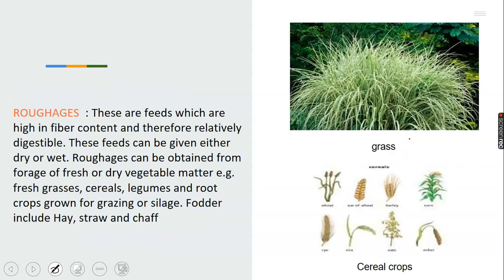Let's look at the meaning of roughages. Roughages are anemone fish which are high in fiber content and therefore relatively less digestible.